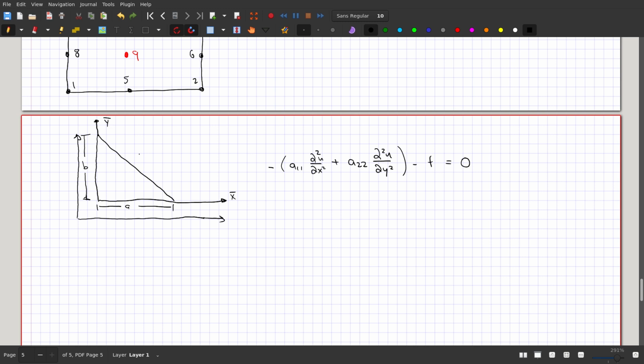The equation of this line would be y bar equals b minus b over a x bar, right? That's the equation of this line in the local coordinate system, x bar, y bar. So we'll use that in just a second.